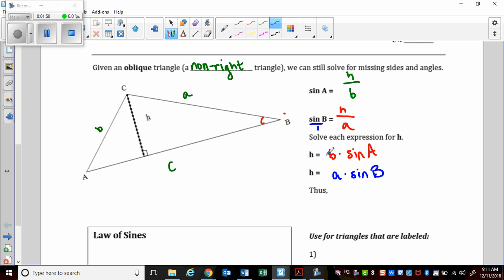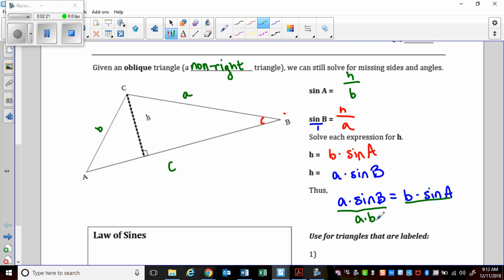Since h is equal, I know that a times sine of B equals b times sine of A. And what we did was we divided both sides by a times b.